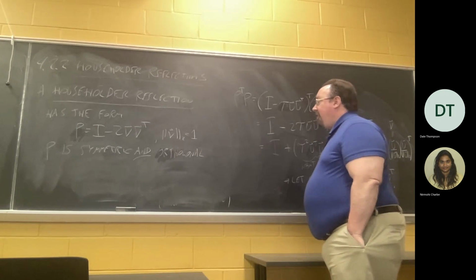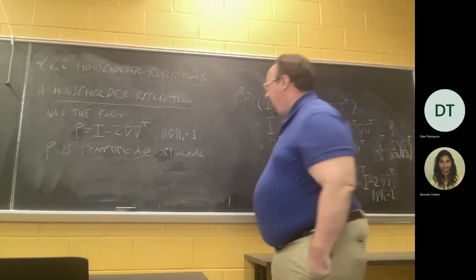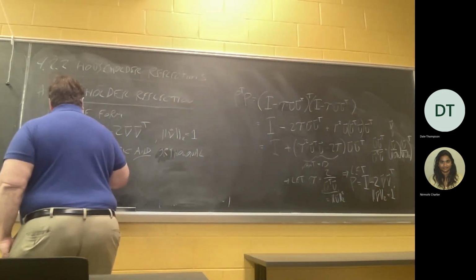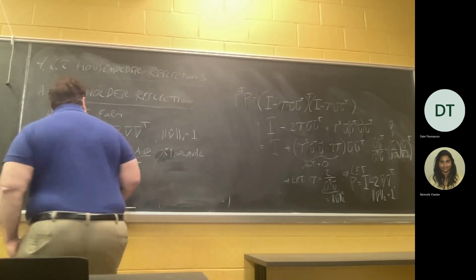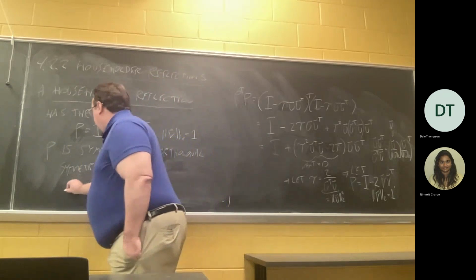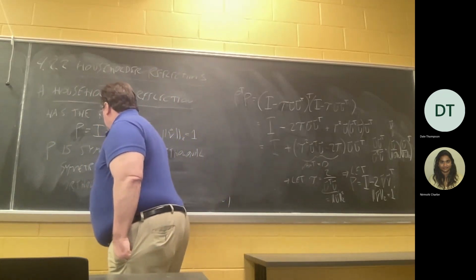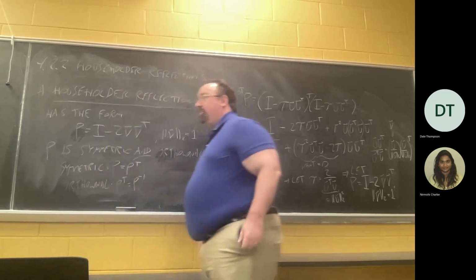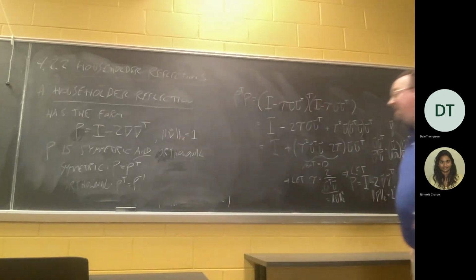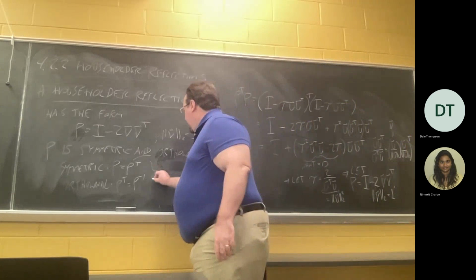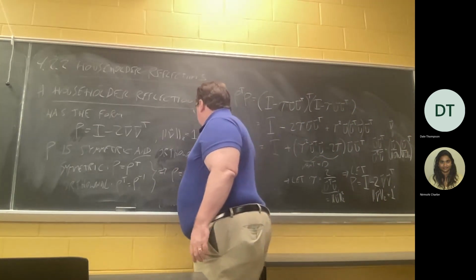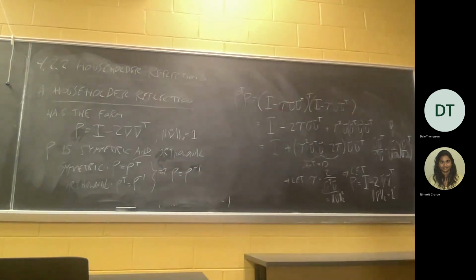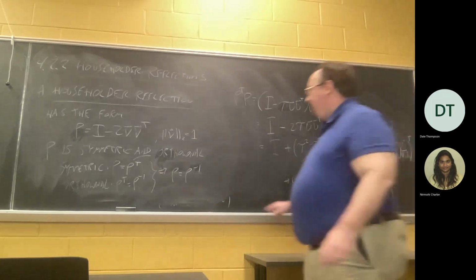So an interesting consequence of the matrix being both symmetric and orthogonal is this: because it's symmetric, that means P equals P transpose. Because it is orthogonal, P transpose is also P inverse. That comes from P transpose P equaling identity. So you put the two together: P is its own inverse, which still just kind of freaks me out.